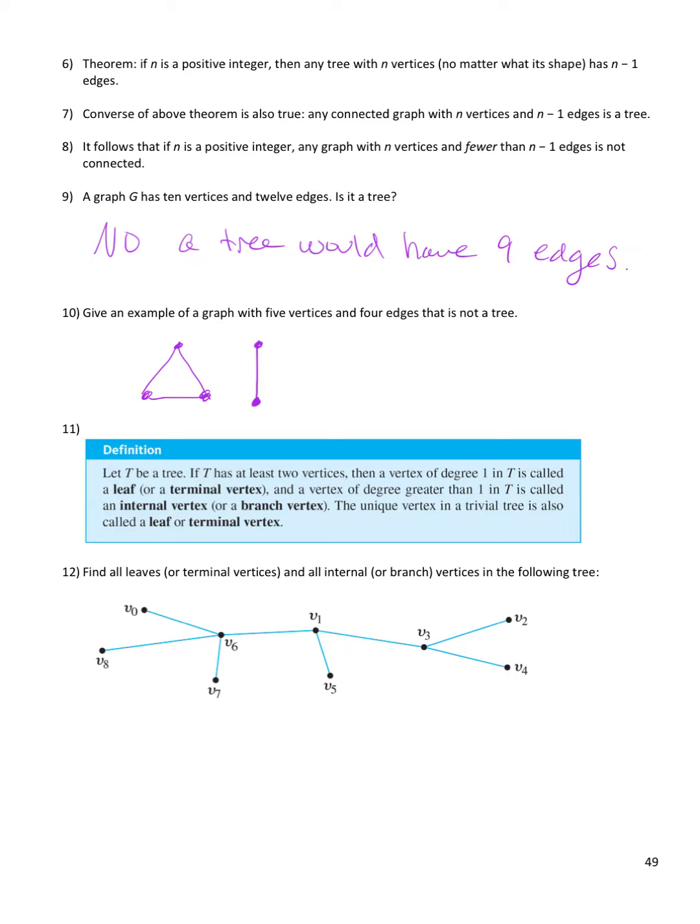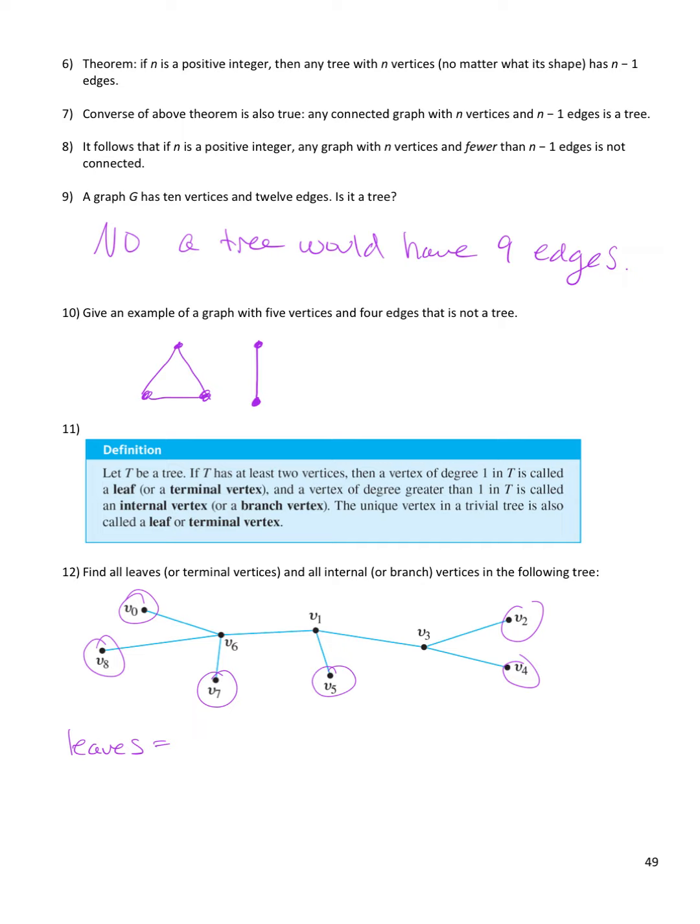Okay, so I just want to list the leaves and the internal vertices or branch vertices. So leaves are just vertices that have degree 1. So that would be this one, this one, this one.